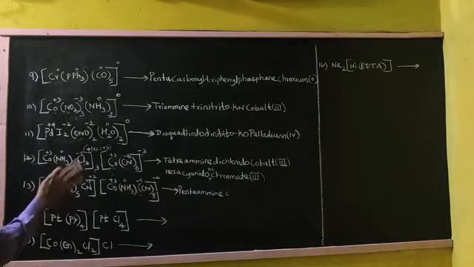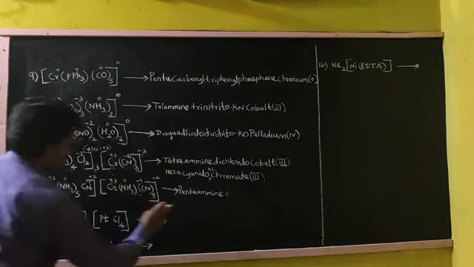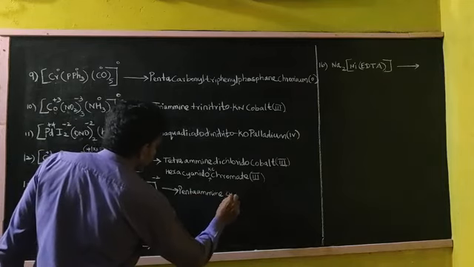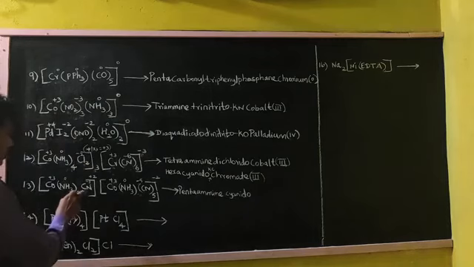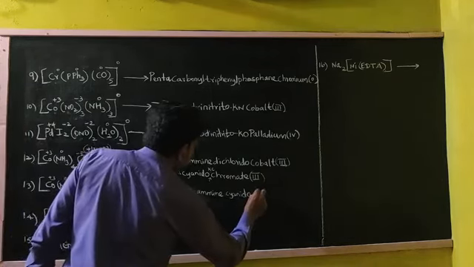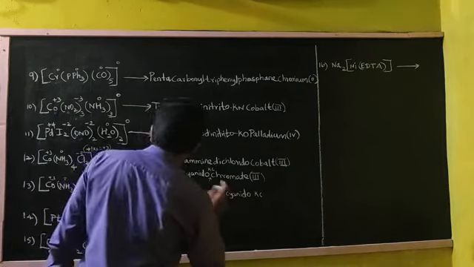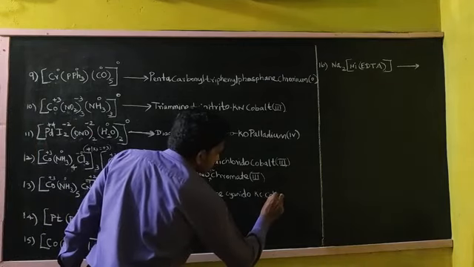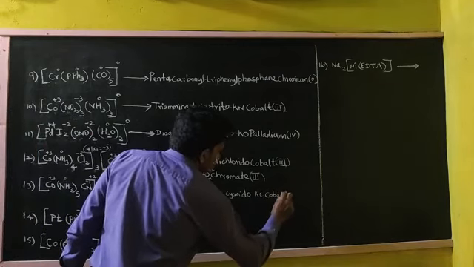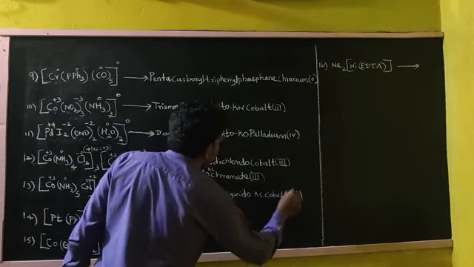Now the 12th compound, just now we have started, pentaamine cyanido. Here CN is an ambidentate ligand. So Kc, cobalt, not chromium, Co, cobalt, oxidation state +3, right?